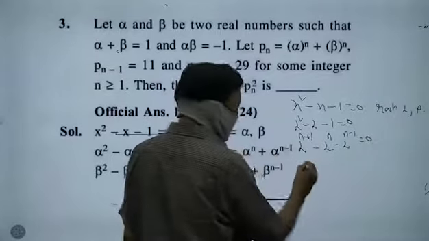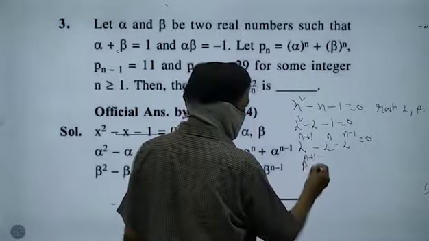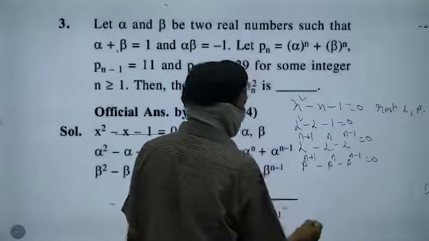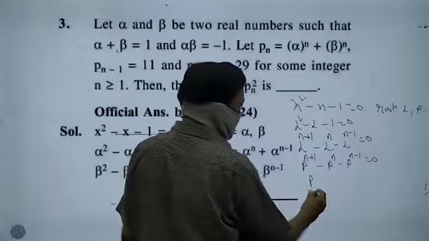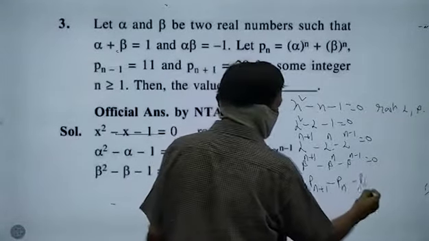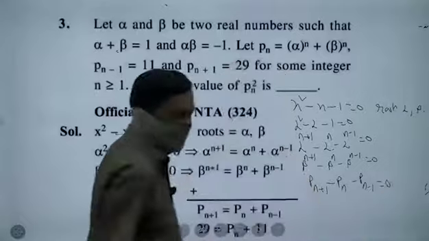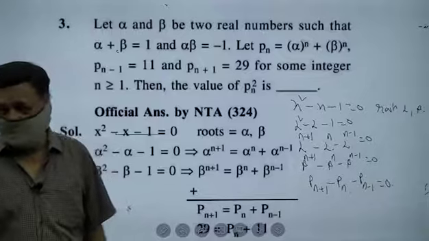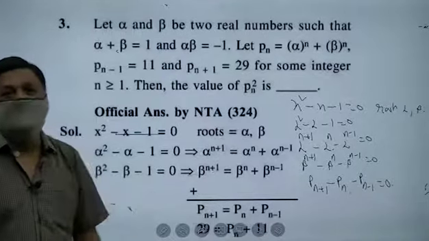Similarly, beta: beta power n plus 1 minus beta power n minus beta power n minus 1 is 0. Add. Then you will get Pn plus 1 minus Pn minus Pn minus 1 is 0. Just like one of the earlier problems, only thing is you have to form an equation like that.